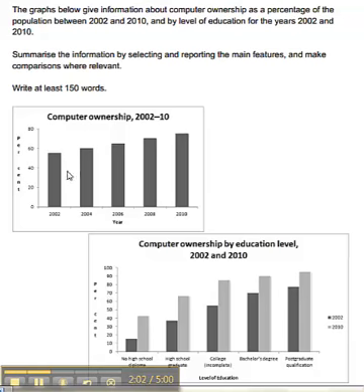Okay, so look at the first one. What does it show? So we've got percent. Percent of what? Percent of the population. So the percent of the population that own a computer. As we can see, over the 8-year time frame, it's gradually increased, from almost 60% of the population owning a computer, to 2010 where almost 80%.